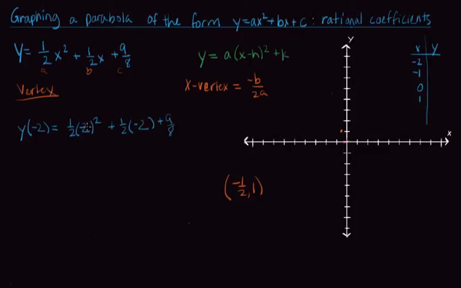So negative 2 squared is 4 times 1/2 is just 2, plus negative 1, plus 9 over 8. So this is going to be 1 plus 9 over 8, so that's 17 over 8, which is just over 2.